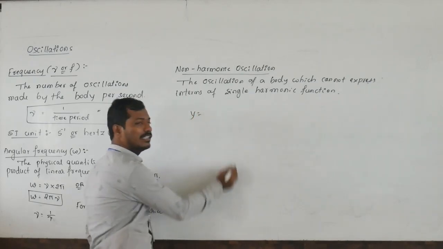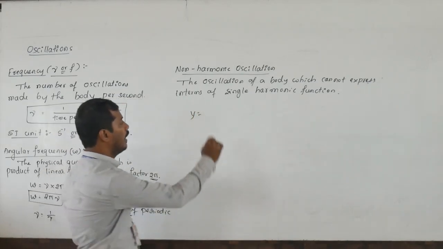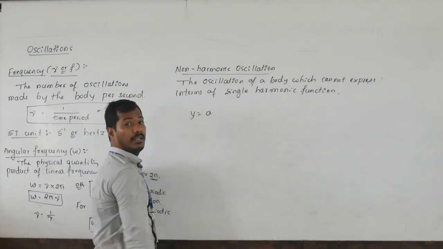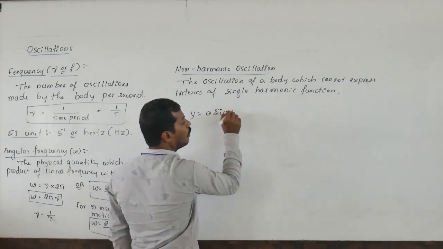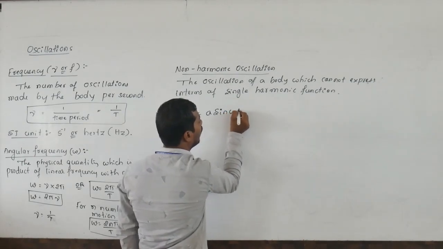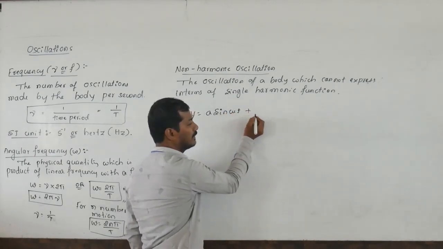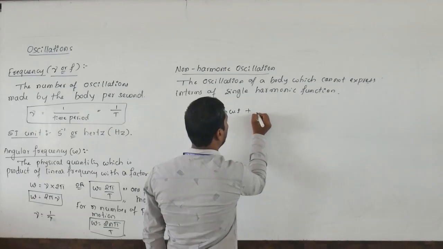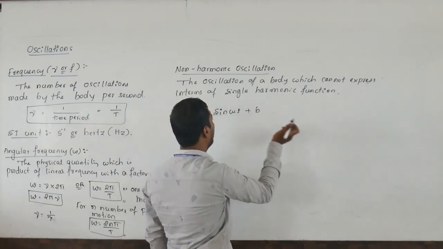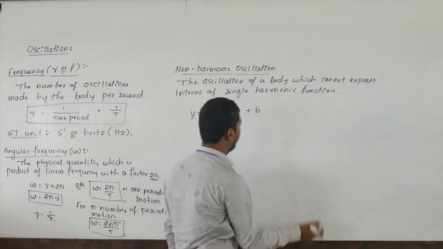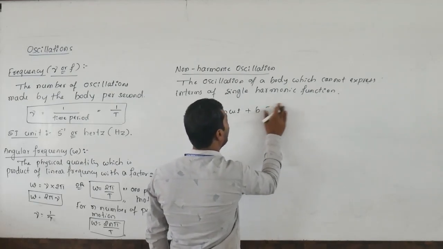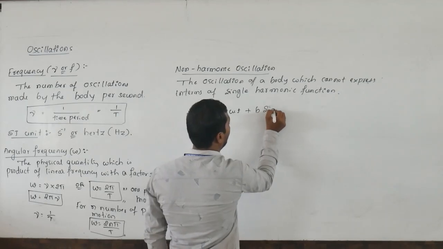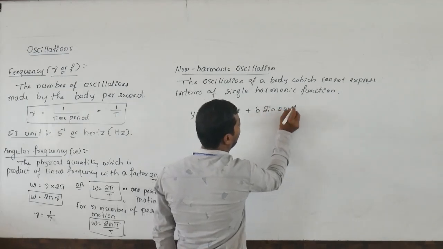If y is the displacement of the body, and a is the amplitude, then y is a sine of omega t plus b, which is a different amplitude, cos or sine of 2 omega t.